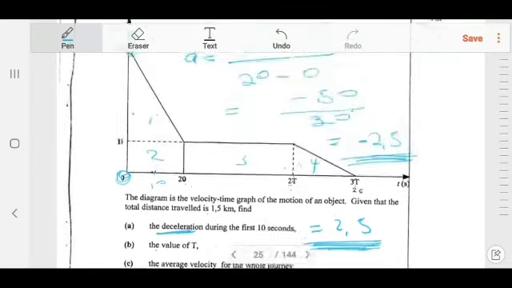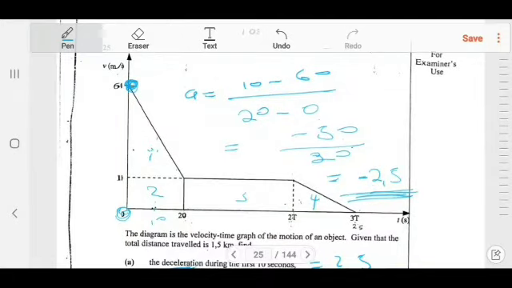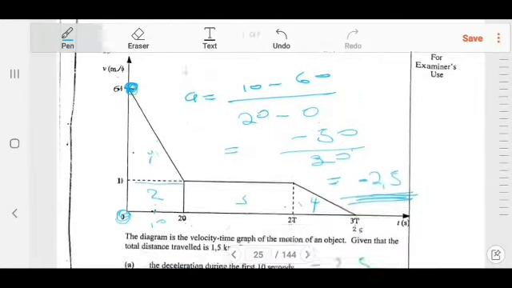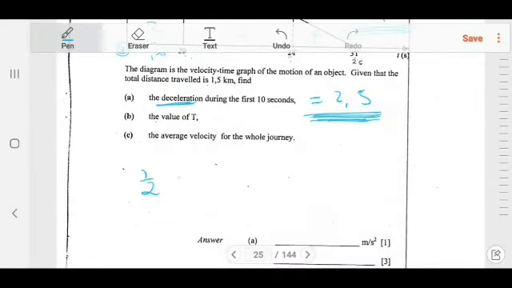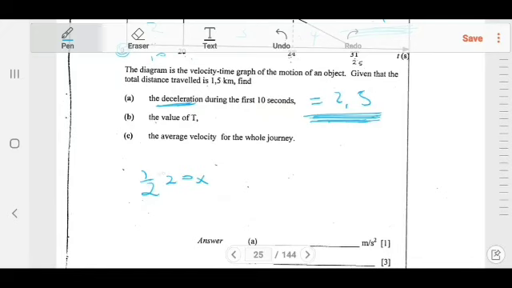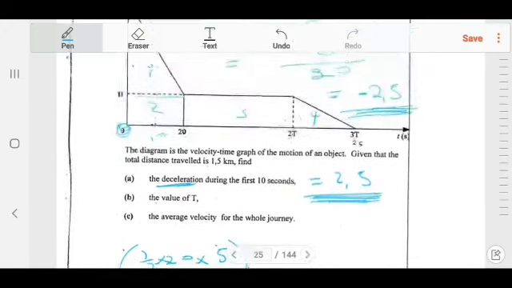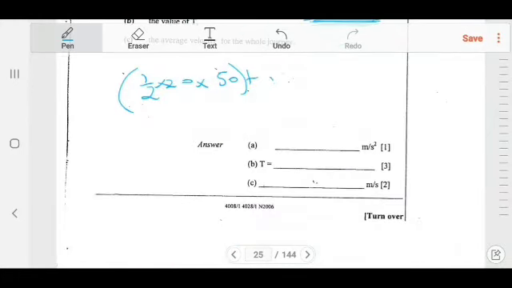So let's do that. Find the area of this one. This one is half base times height, so it's half, our base is 20, times our height, which is 50, plus the area of this one, which is 10 times 2t.